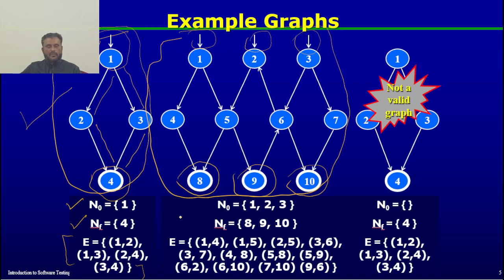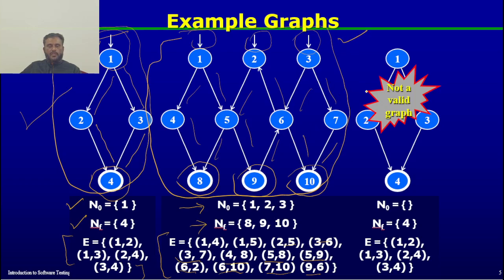And so in this case the set of initial nodes has 3 nodes, and the set of final nodes has again 3 nodes, and the set of edges has these 12 pairs of edges. The set of edges is (1,4), (1,5), (2,5), (3,6), (3,7), (4,8), (5,8), (5,9), (6,2), (6,10), (7,10) and (9,6). So this again is a valid graph.